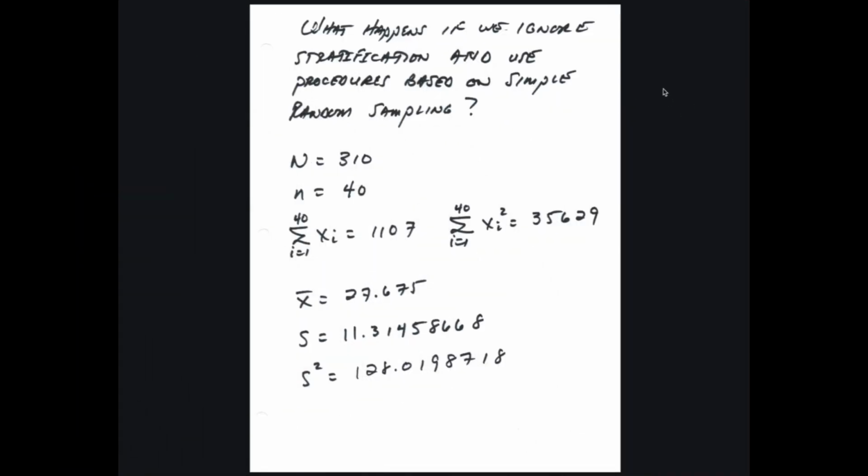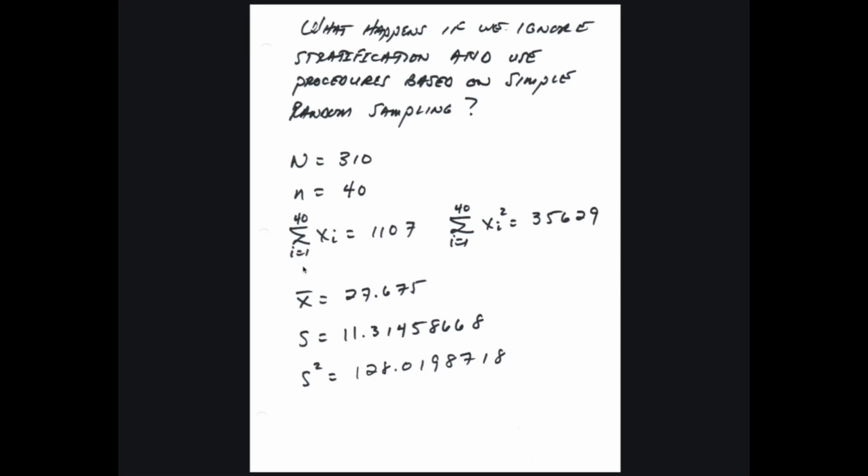So what happens if we ignore stratification and use procedures based on simple random sampling? All right, well then in this case we have the following values. Cap N is 310, the overall sample size is 40. We have the sum of the x's, 1107. The sum of the squared x is the uncorrected sum of squares, being 35,629.